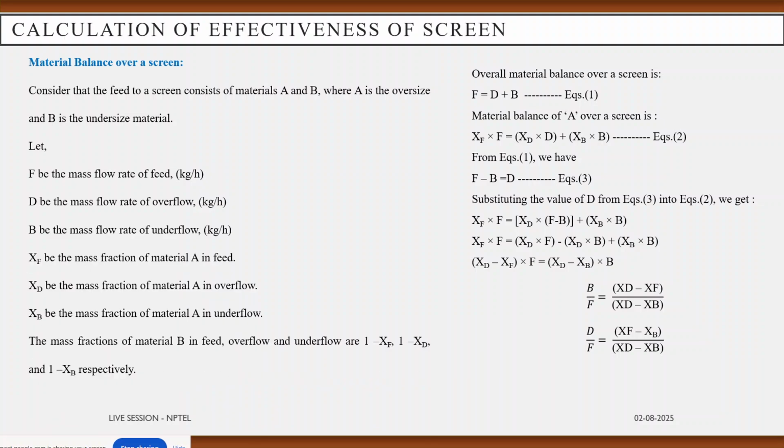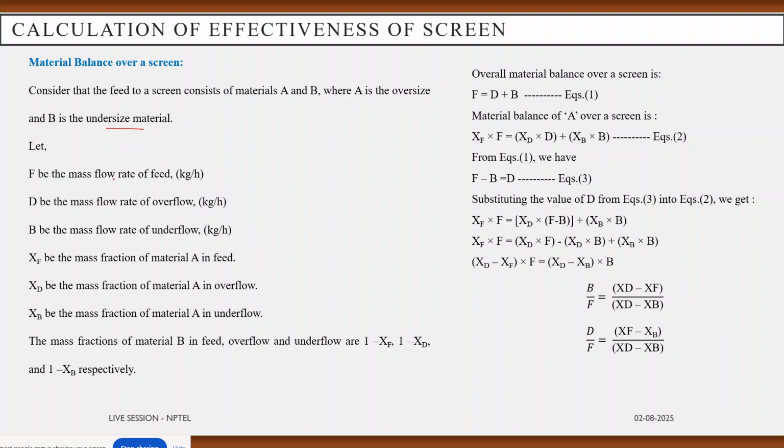So, now we will try to calculate the effectiveness of the screen. This derivation is elaborately mentioned here. We will simply do the material balance over a screen to calculate the effectiveness. Suppose your feed material onto a screen consists of material A and material B, where material A is the oversize and material B is the undersized material.